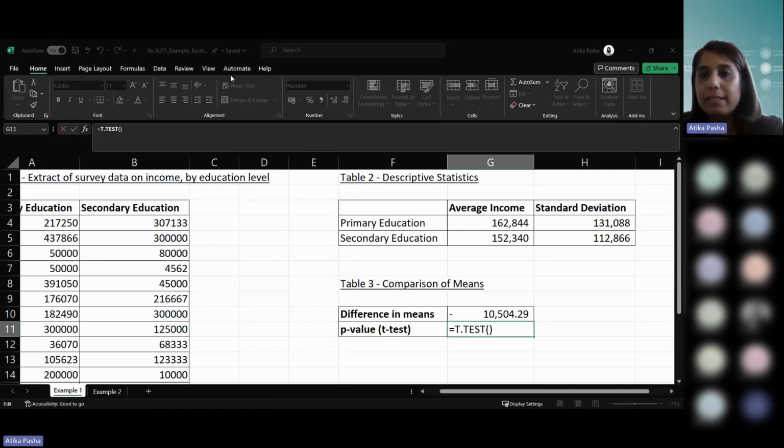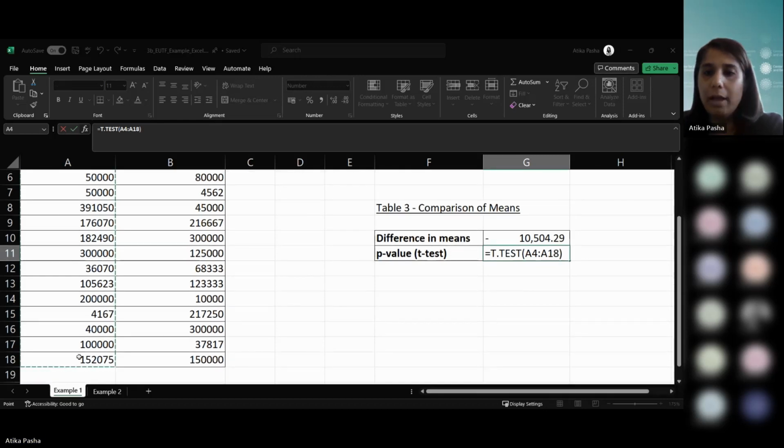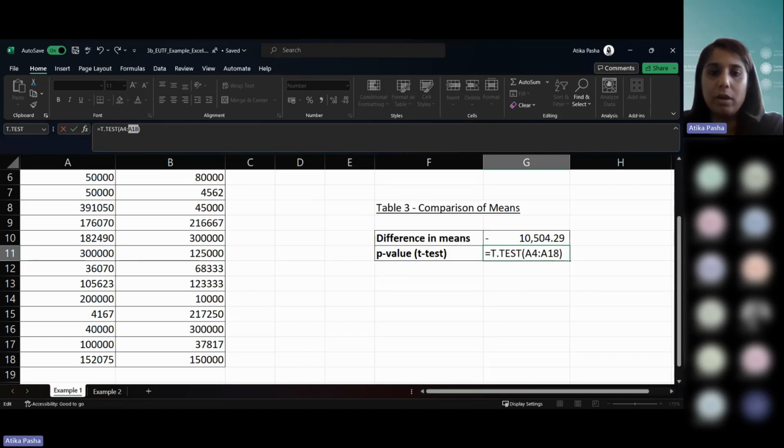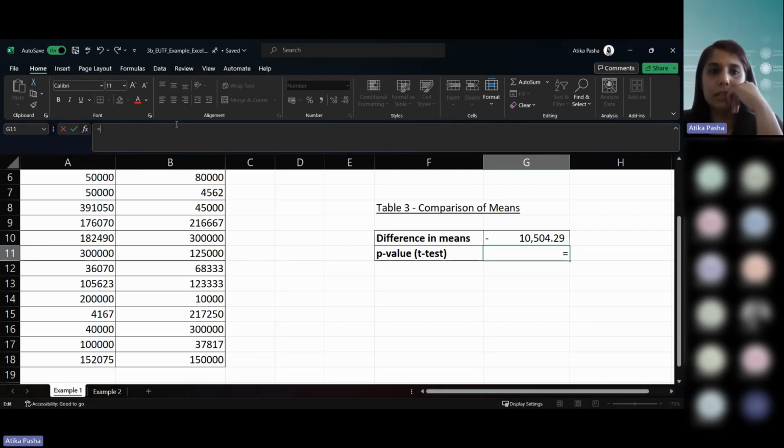Array 1 is basically trying to derive the average income for your primary education, so we now recalculate it and put it in here. We have to put all values in your array. This was my fault, so starting all over again. T-test.